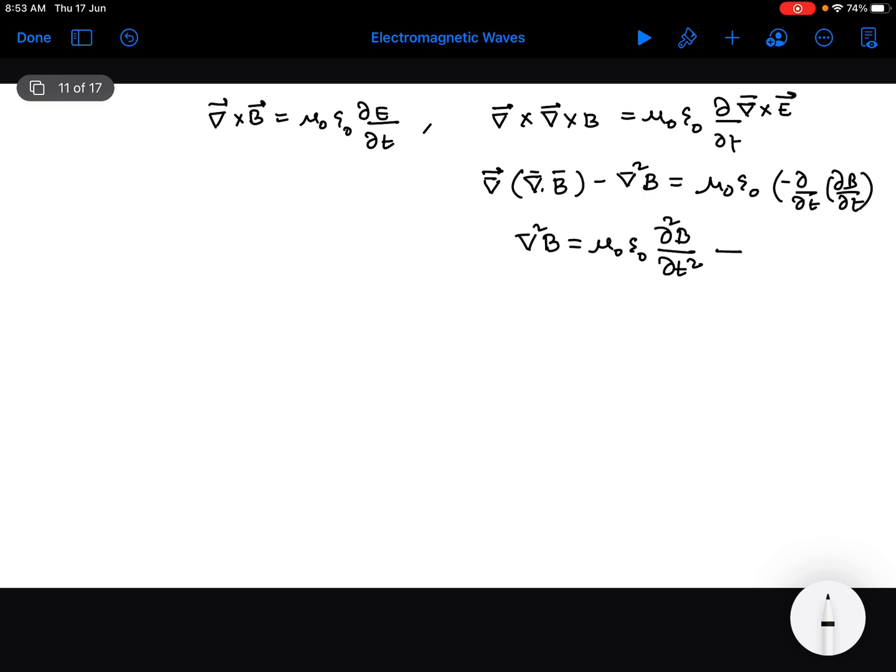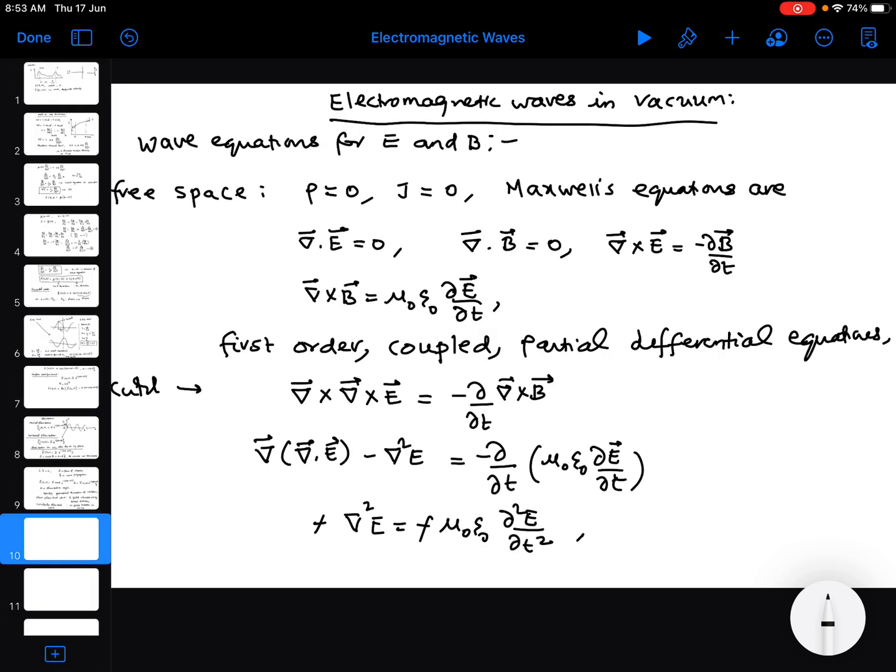Let's call this equation 2 and the earlier one equation 1.